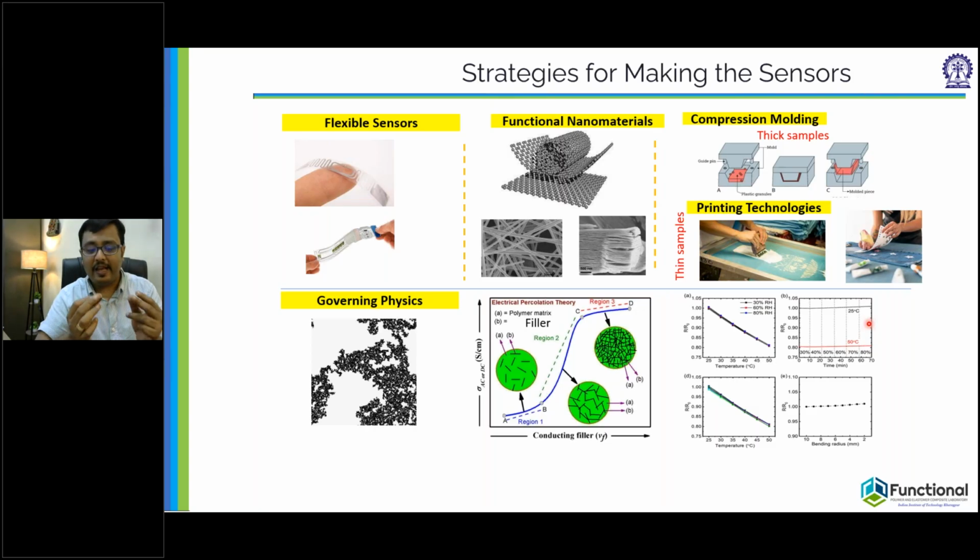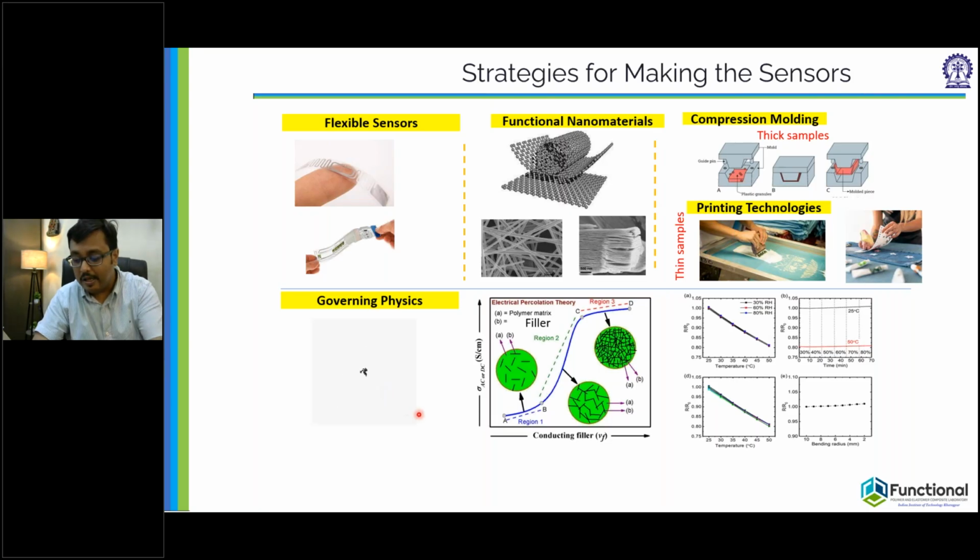That is possible due to this network structure of the fillers. And how do we monitor that? We monitor using the measurement of the electrical conductivity or resistivity of the sample that we are making.